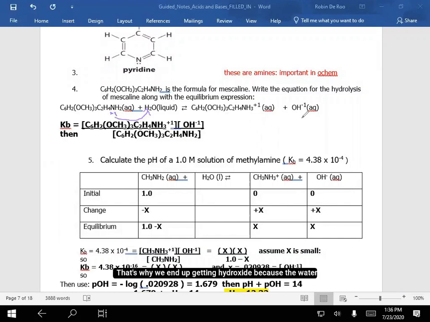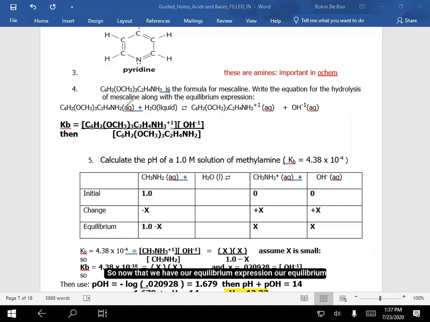That's why we end up getting hydroxide, because the water has lost a hydrogen. And then because the lone pair on the nitrogen is attacking the hydrogen, we end up getting an extra hydrogen here, which is why we get this +1.